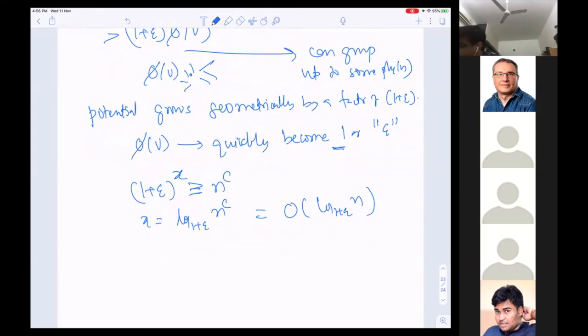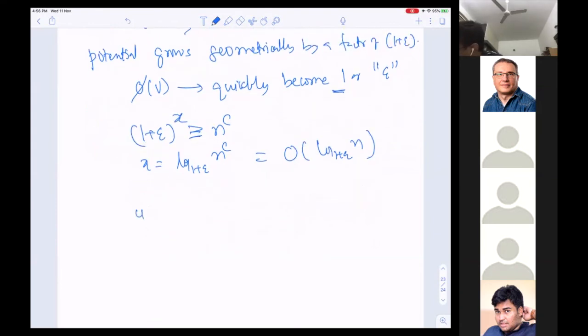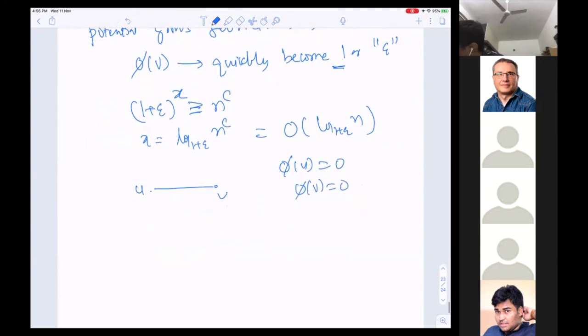So look, the first time is very clear. When you have an edge UV and both potentials are 0 to start with, phi u is equal to 0, phi v is equal to 0, then what is the first condition? If both are 0 and some edge has come, then what you know is that weight of E is at least 1 plus epsilon times (phi u plus phi v).